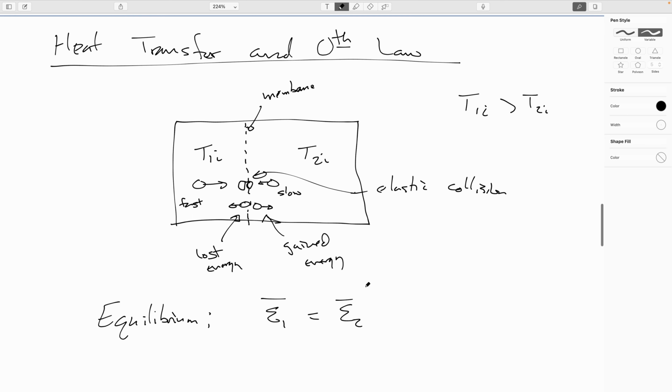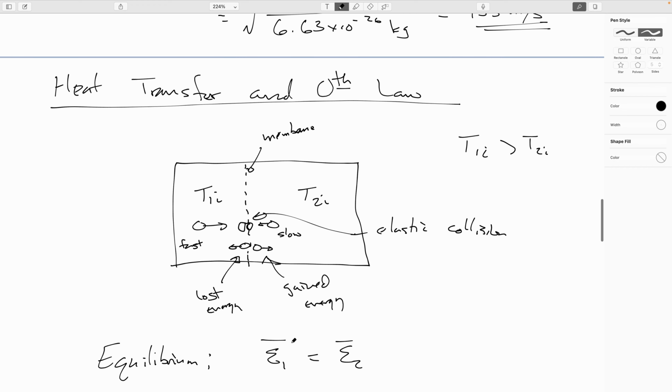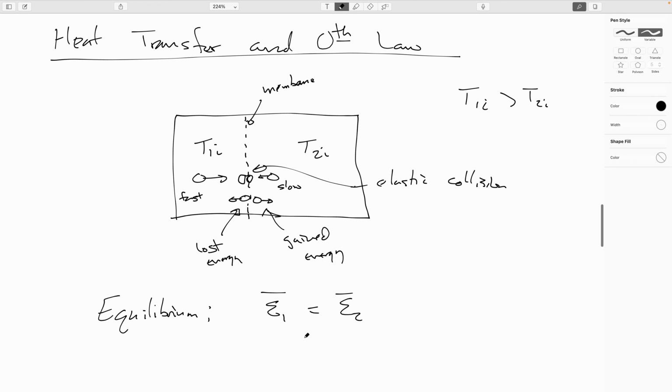But we just saw that for an ideal gas, the thermal energy is 3/2 kT for a molecule. So this will mean that T1 final equals T2 final equals our T final. And what we'll have here is that T1 final will be T final will be between T1 initial and T2 initial.